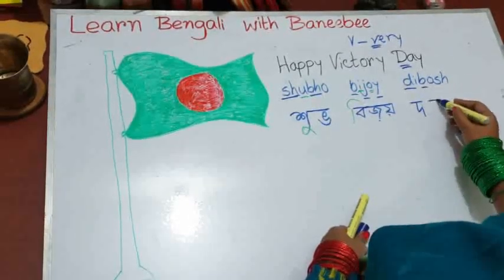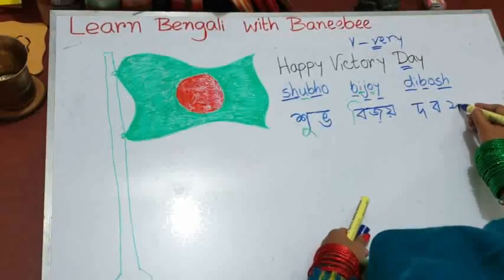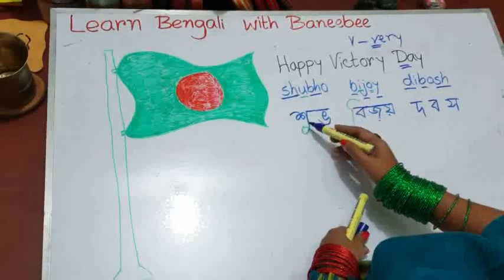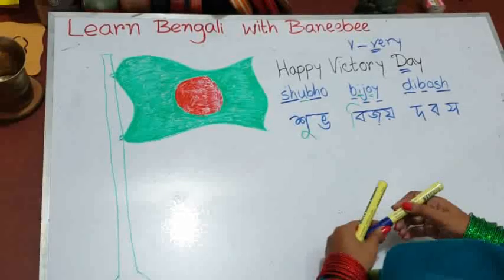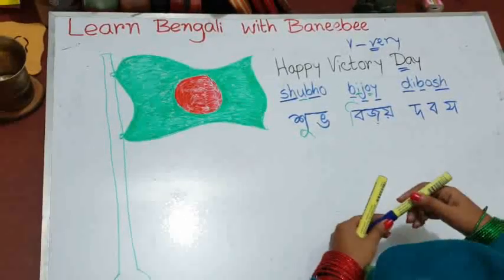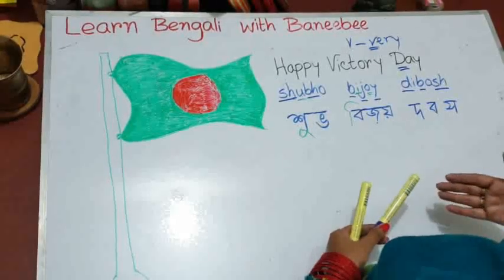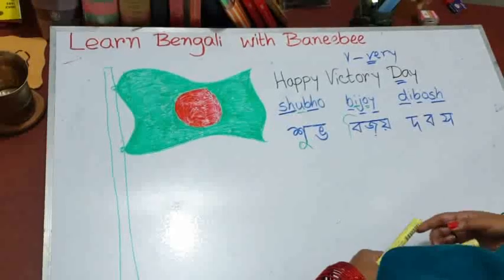Second consonant is ba, and this one is sha. Now some of you might ask that I have used this for this one and this for this one. Okay, so we have 3 shas in Bangla. That's probably a bad news, but once you get used to it, this will not feel that much unusual anymore.